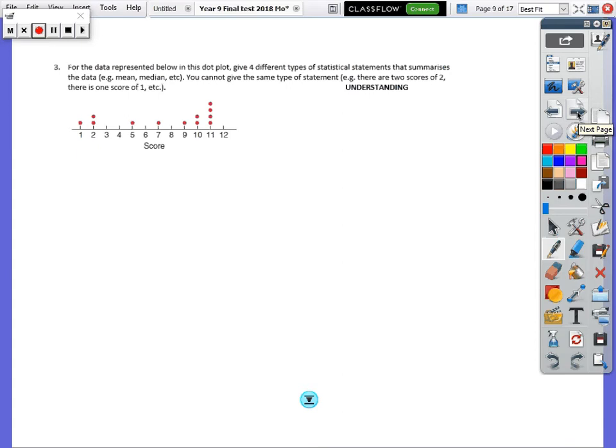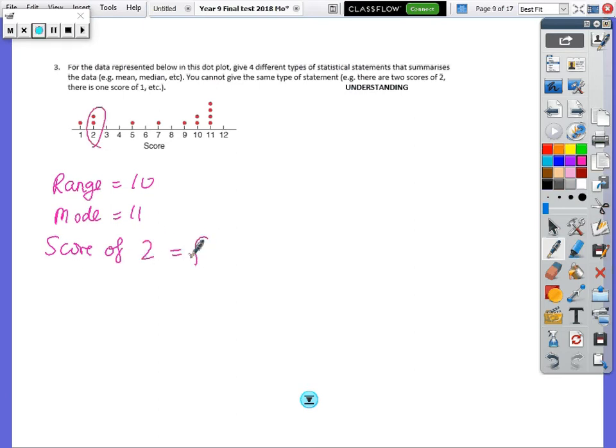Okay, next question. From the data, give 4 different types. So for instance, you could have said that the range was 10, you could have said that the mode was 11, you could have said that the score of, for instance, 2, or any other score of 2, has a frequency of 2. You could have calculated the median, which was the 6th and the 7th score, divided by 2, which was 9.5.